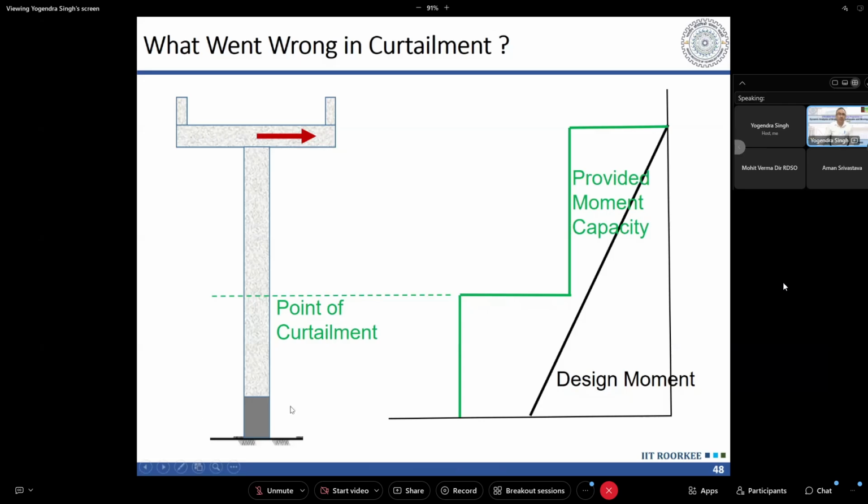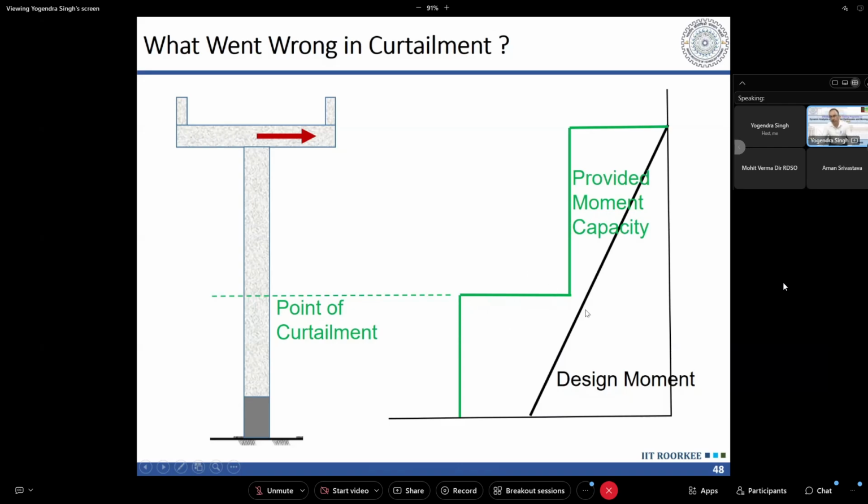So actual moment capacity is higher than this. So the bending moment diagram will change, and the bending moment diagram will be like this. So this force is going to increase till the moment here is exceeding its capacity and it starts yielding. So you can see that in the original condition, our pier was safe everywhere, even after curtailment.